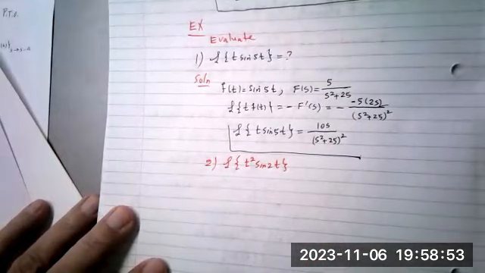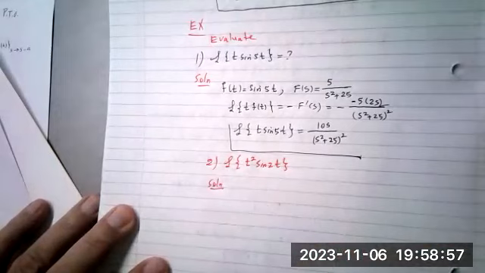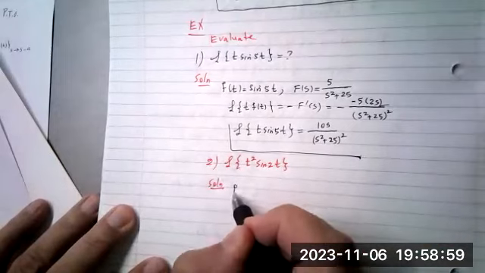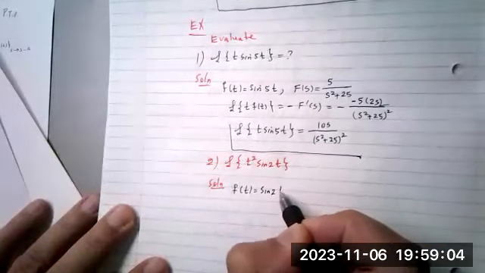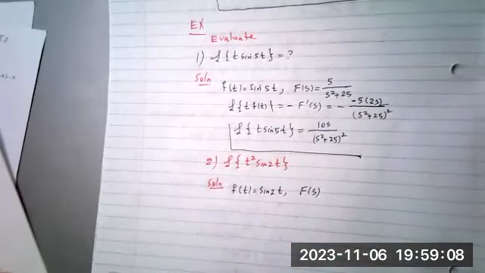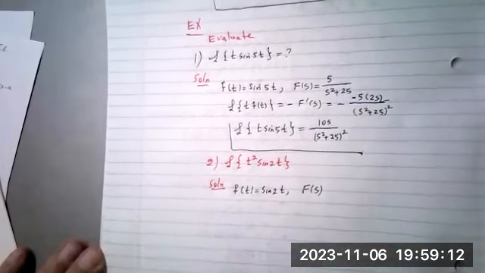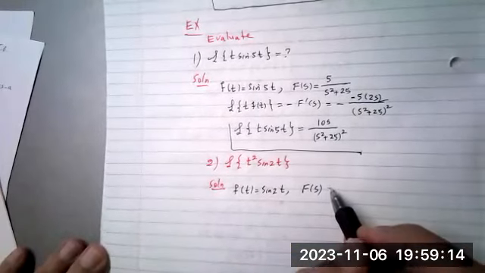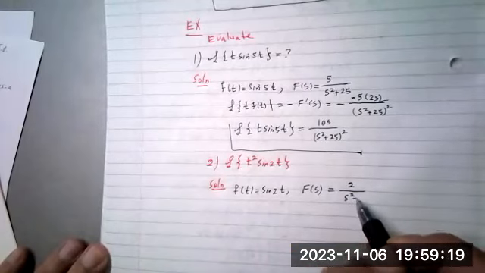Okay, so you set it up. This is going to be the solution. The function f of t is equal to sine of 2t. You have to bring your F of s. F of s, in this case, is going to be 2 over s squared plus 4.